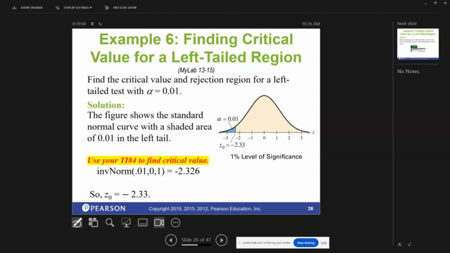And so if we want to find the z-score, then we're going to use inverse norm of that alpha value, because that's our area, and then 0 is our mean and 1 is our standard deviation. So this time we are finding the z-score given the area, whereas in the problems we looked at before, we were finding the area. So that tells me that I have a z-score of negative 2.33.